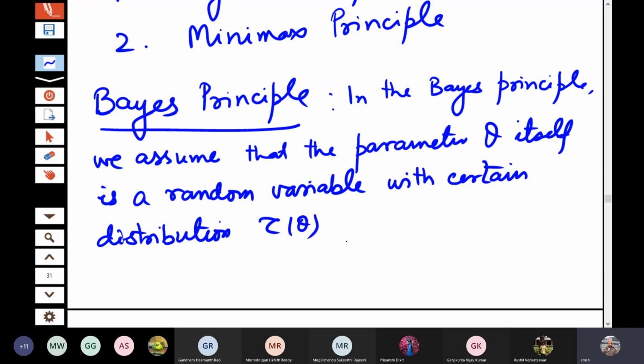Some other name I will use, because generally we use f theta or f x as a distribution of x. So for theta I will use some other thing. So I am calling it, say, tau theta, or pi theta sometimes it is written.